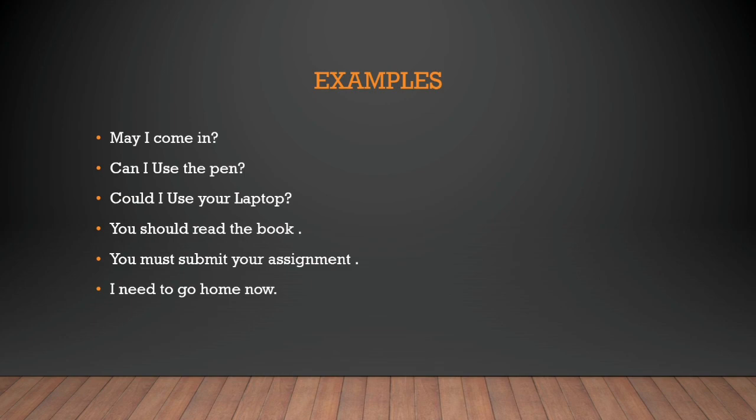I need to go home now. There is something very necessary for me to go home now. That's why it's one kind of obligation, that's why I need to go home now. So need is used here for expressing the obligation. It's necessary for me. That's why I'm obliged. Need is always used to express necessity, and this necessity is I'm compelled to do this work.